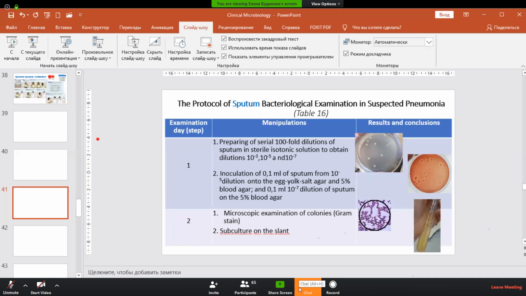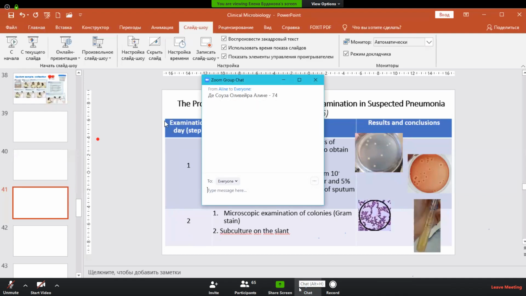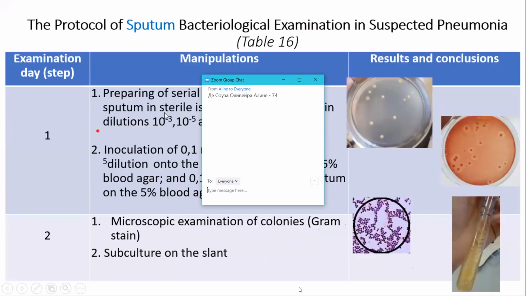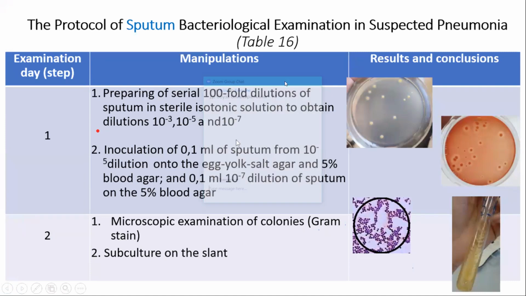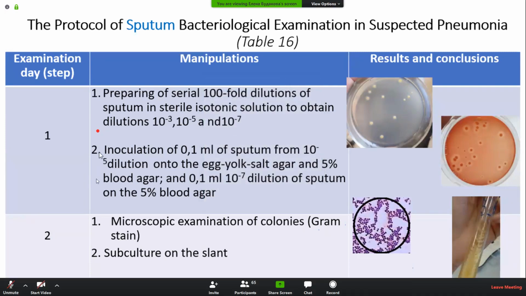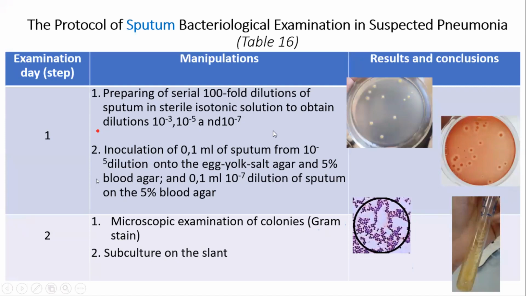Okay. This one is for sputum examination. Don't confuse. You can see pictures of tubes in there, right? It doesn't matter. We already discussed the procedure of inoculation, preparing of serial 100-fold dilution.